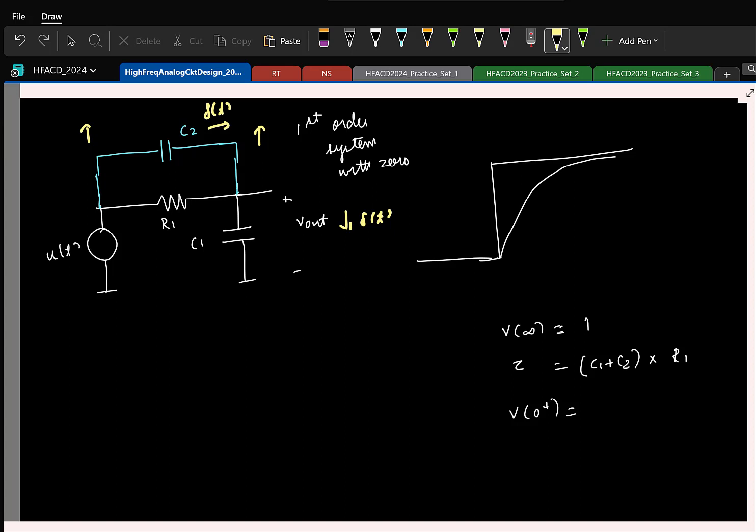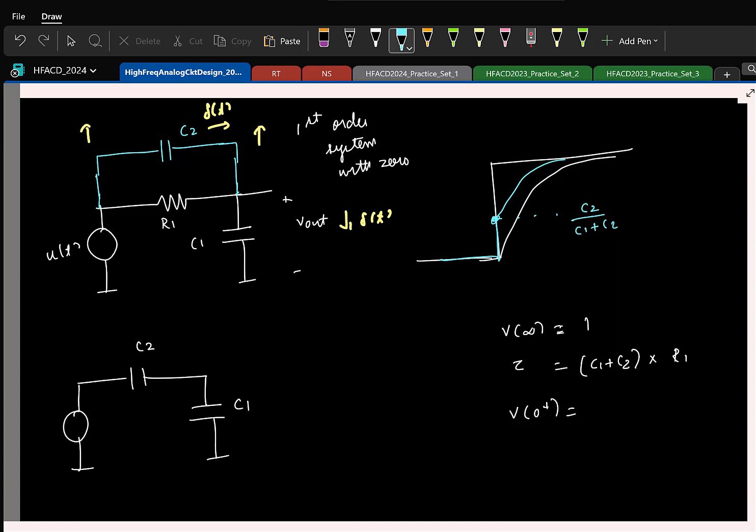So at t equal to 0 plus, only the capacitors conduct the current, that is the impulse current. So I can redraw the circuit like this. What will be the output at t equal to 0 plus? It's a capacitive division, so it will jump up instantaneously to C2 by C1 plus C2. And then what will happen? And then it will basically exponentially settle.